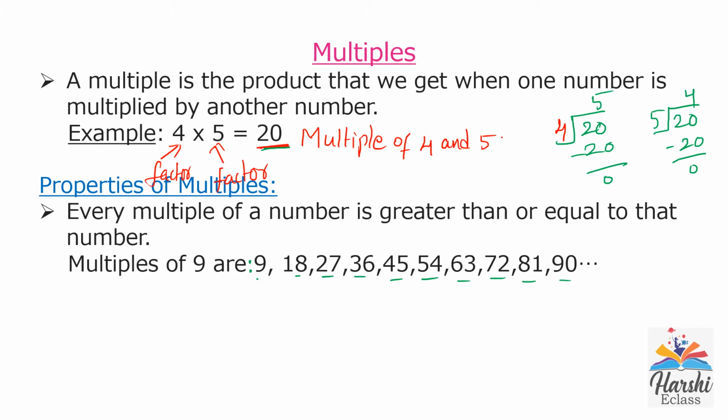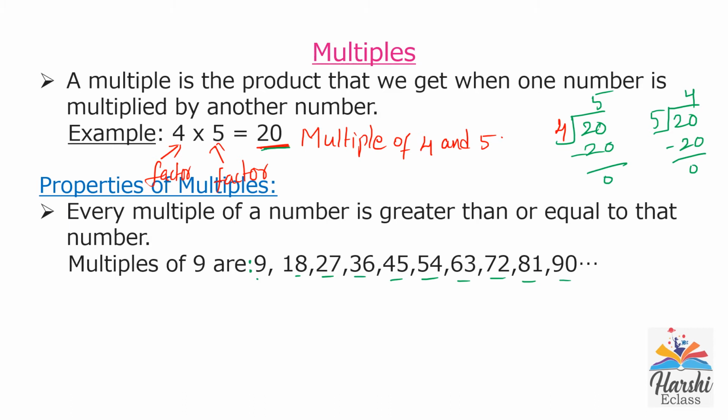These multiples are never ending. They are infinite, uncountable. Like numbers are infinite, multiples are also infinite. There is no ending for writing the multiples of a given number.